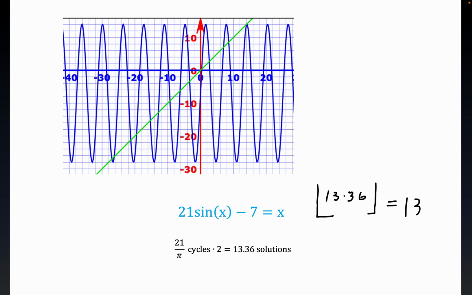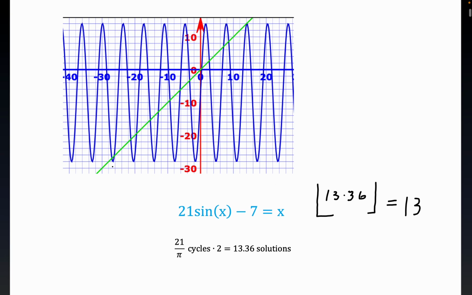Okay, now let's check this thing out, folks. We can start counting down here together. Look, what do we have here? 1, 2, 3, 4, 5, 6, 7, 8, 9, 10, 11, 12, 13. Now, trust me, I wanted to do another graph for you guys, but it doesn't touch there.